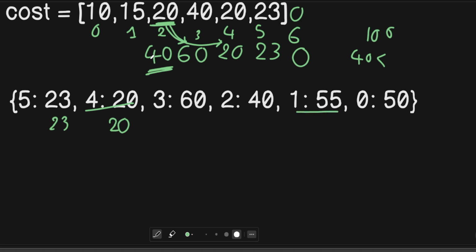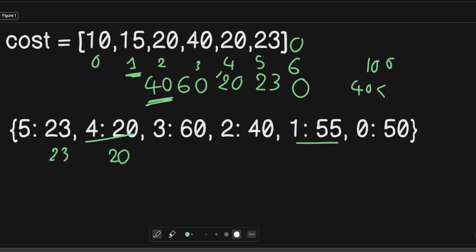Again, with 1, we can either choose, let me just delete this real quick. So add 1 right here. We take 15, right? We plus 40, or we plus 60. So definitely the 40 is a better choice. So the total minimum cost from 1 right here is going to be 55, right?